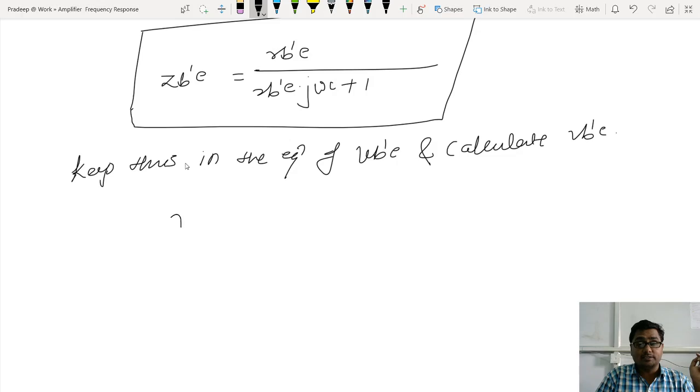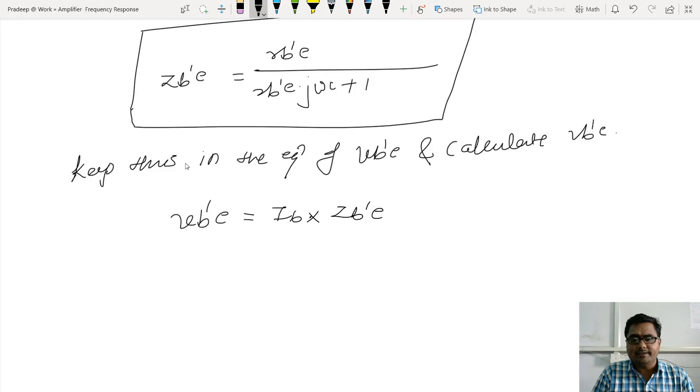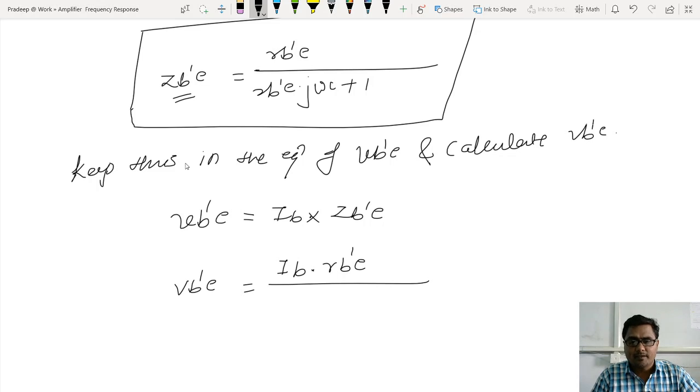What is the equation of VB'E? It is IB multiplied by ZB'E. So the equation of ZB'E stays as it is, multiplied by IB. VB'E will be IB multiplied by RB'E divided by RB'E j omega C plus 1. This is VB'E.